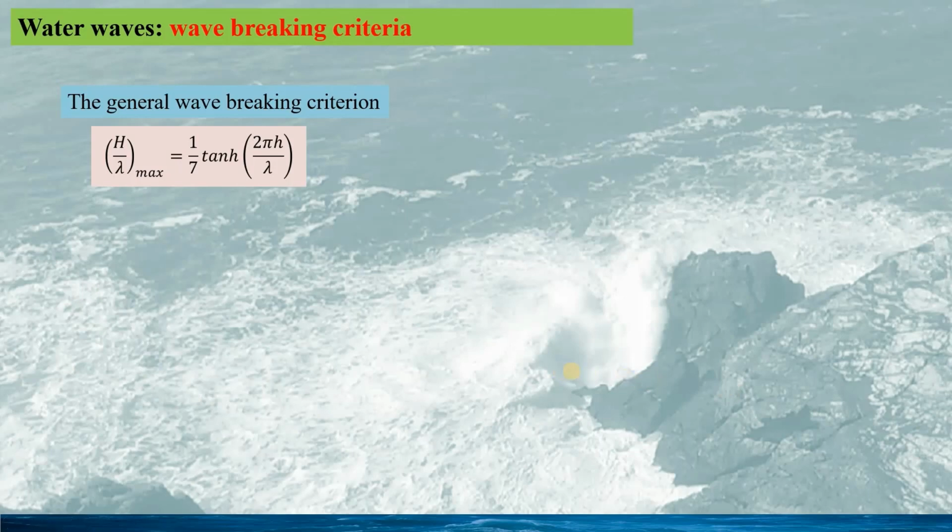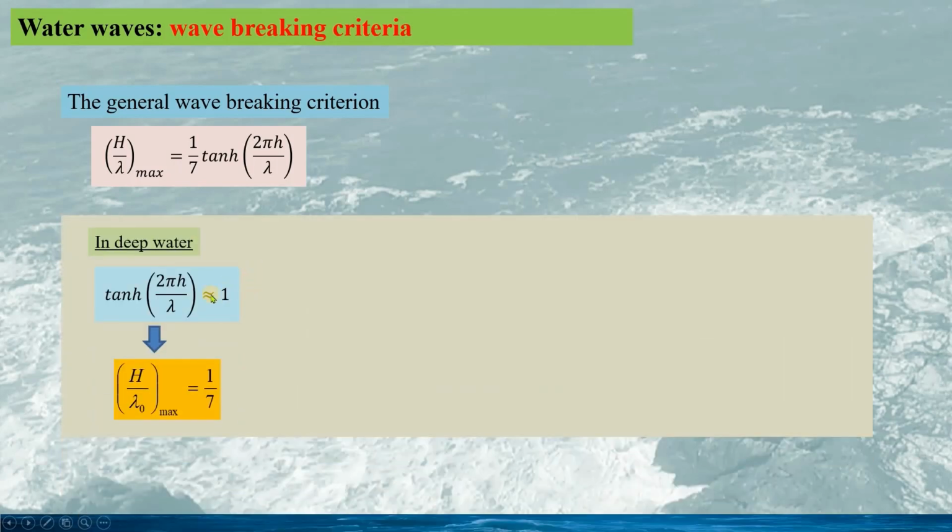For ocean waves, if the ratio of the wave height over the wavelength is larger than a certain value, the wave would break. The most accepted criterion is the general limit for ocean waves, given in this form, which gives the maximum possible wave height for a given wave period, and the wave would break if the wave height is too large compared to the wavelength. So in deep water, the tanh function would be unity.